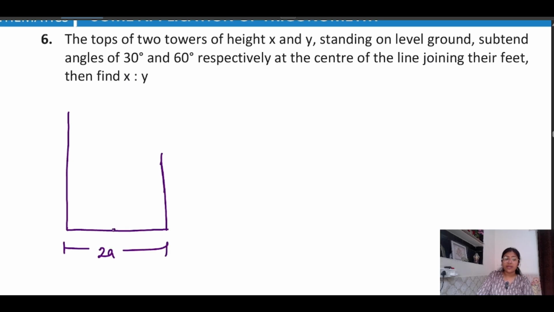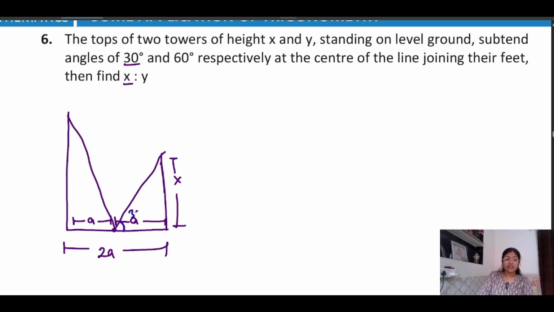So the center is at a distance a from both bases. From here, one is making an angle 30 degree and one is making an angle 60 degree. Which one is 60? The first, x height, is making angle 30 degree. So this is a lesser angle, so it should be less. X should be of smaller height. This is angle 30. Let me take another color.